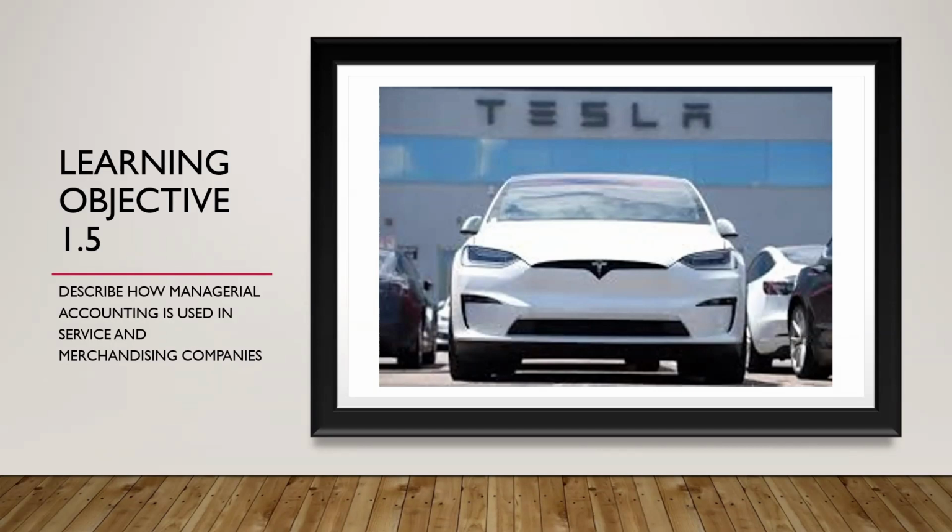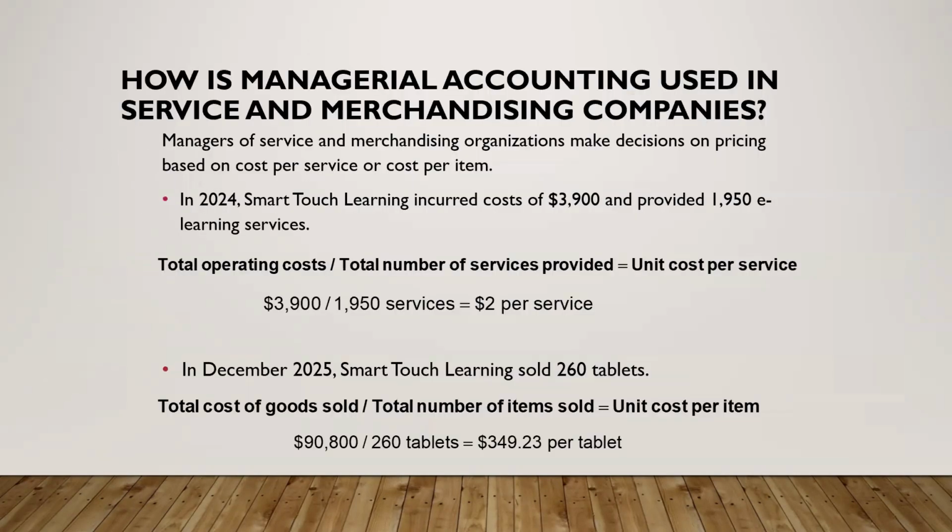So learning objective 1.5 is the very last one, which describes how managerial accounting is used in service and merchandising companies. How is managerial accounting used in service and merchandising companies? Knowing the unit cost per service helps managers decide on the price to charge for each service provided.